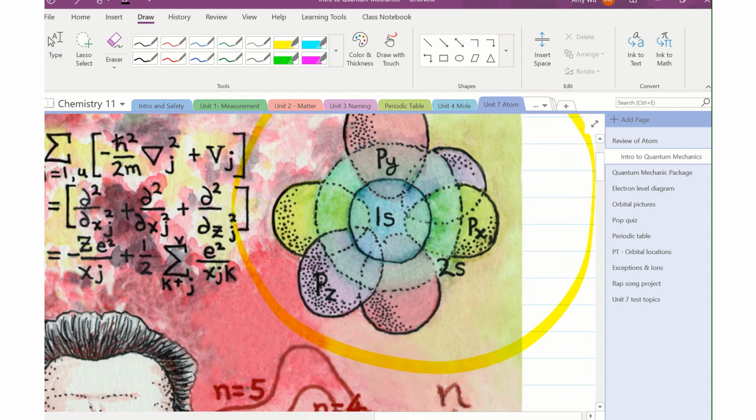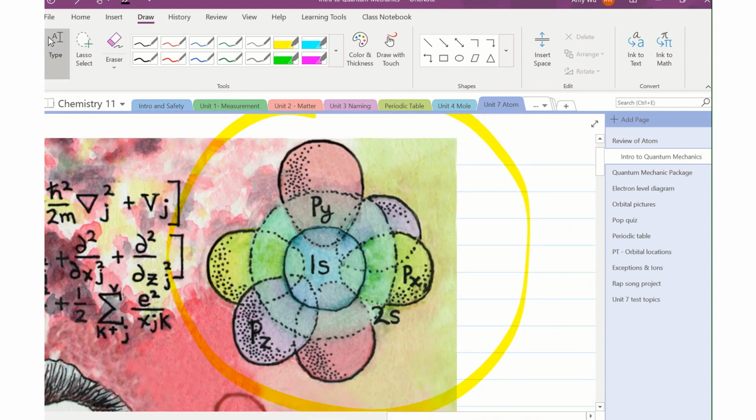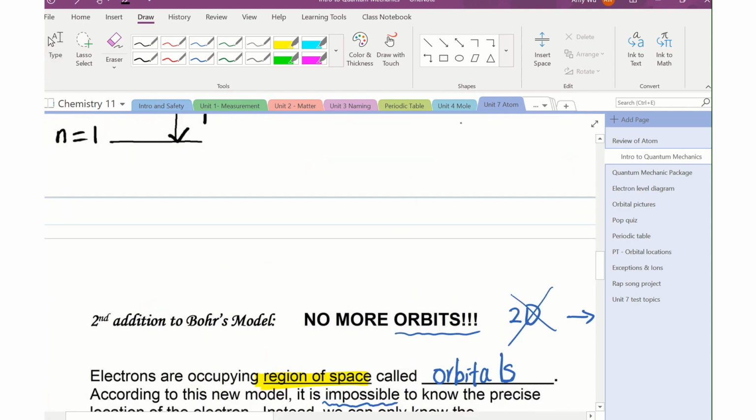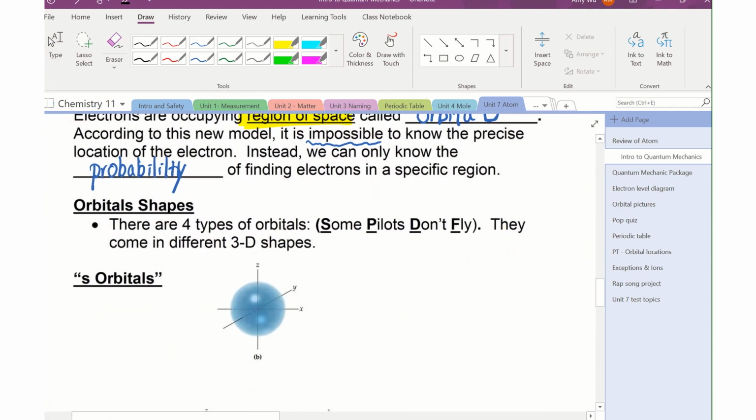So here I'm going to quickly show you this model. We have all these fancy orbitals. Again, these circles are not rings. They are spherical shapes or different types of shapes in a three-dimensional space. Now we're going to talk about the orbital shapes. There are four types of orbitals. Some other teachers made up a short form for memorizing the four types of orbitals: some pilots don't fly.